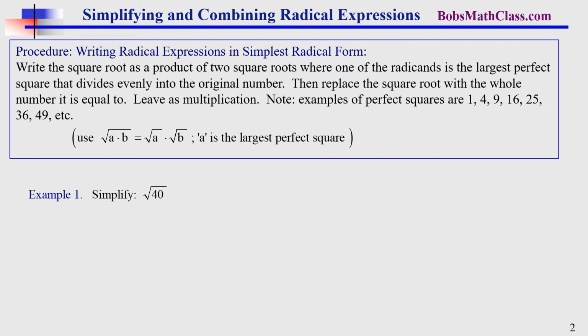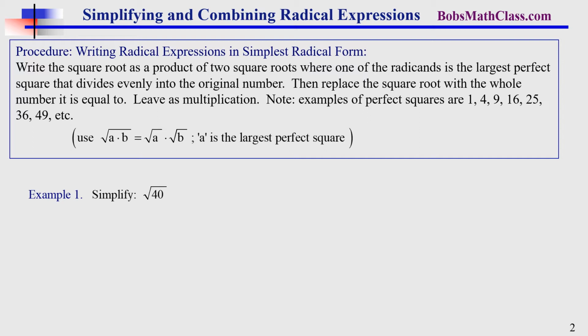So examples of perfect squares are numbers like 1, 4, 9, 16, 25, 36, 49, etc. Actually, 1 is a perfect square, but 1 is not going to do us any good, because 1 times anything is that same thing.